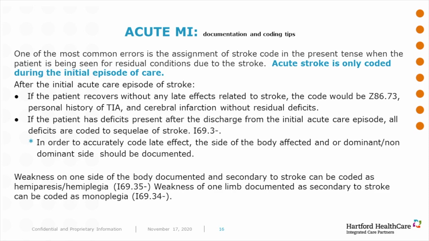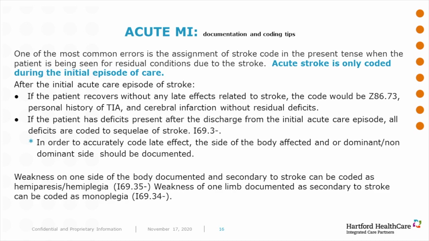After the initial acute care episode of the stroke, if the patient recovers without any late effects, sequela related to the stroke, the code would be a history code, Z86.73, personal history of TIA, cerebral infarction without residual deficits.